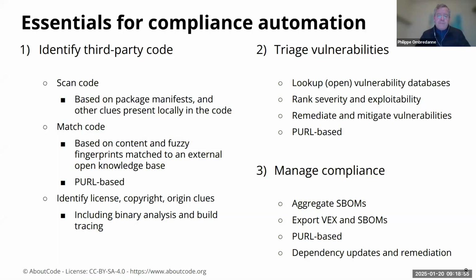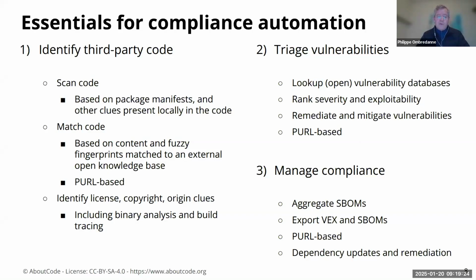So I'm looking at the bare essentials for compliance automation. One is to identify third-party code. It's not a resolved process. It's not solved. And if you're working in the trenches like I do, trying to figure out what is the third-party code used in a product, it's still a mess.